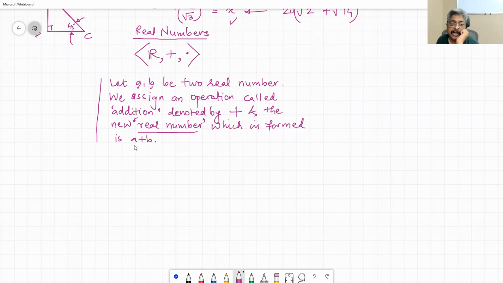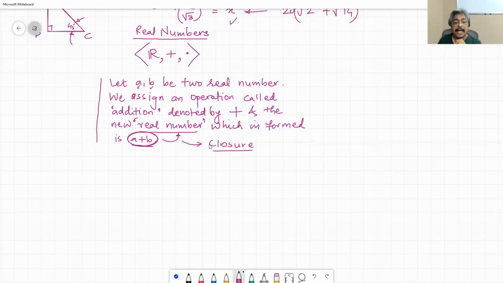The new number A plus B may be different from A or B, or the same depending on their properties, but definitely the new number created is a real number. This is the definition of addition, and the property by which I am describing this is called closure property.